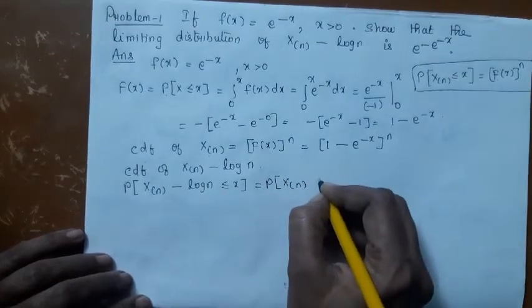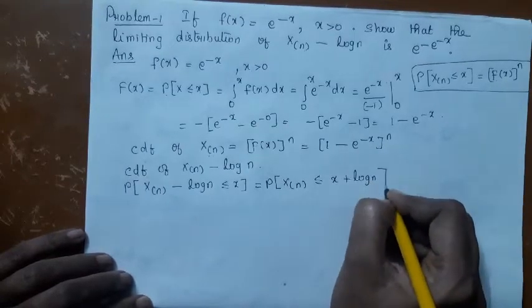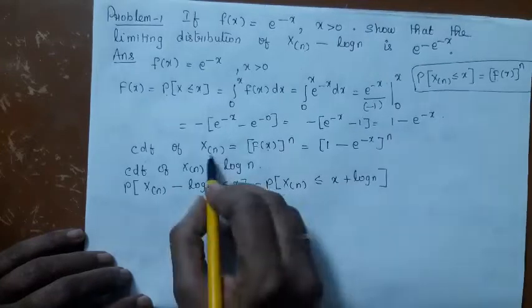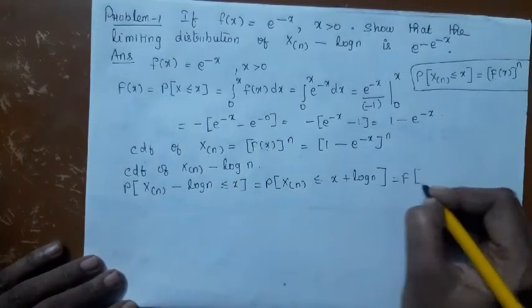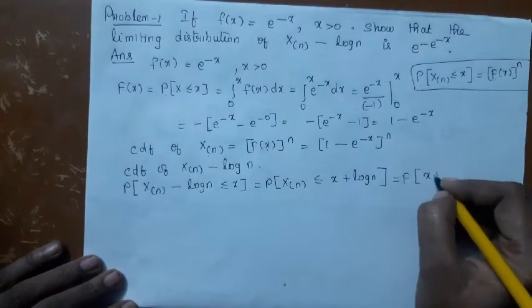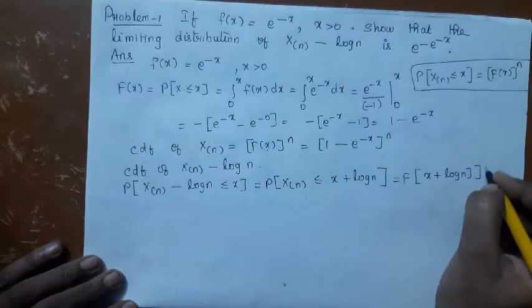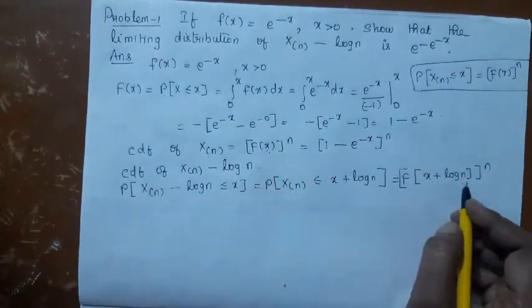Xn less than or equal to x plus log n. Fine. So instead of x here, you have this. This is equal to F of x plus log n the whole power n. Okay, instead of x you have x plus log n.